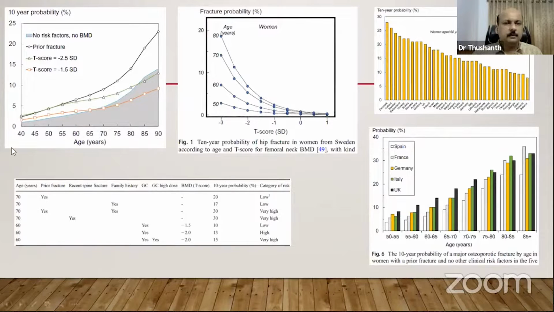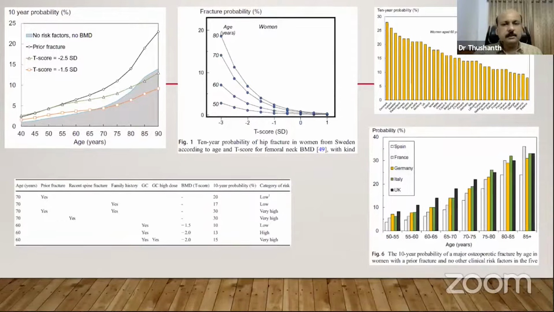So on the top, the first graph, you can see that they looked at the 10-year probability of fracture in patients of different ages and the T-score they have given. So minus 1.5, minus 2.5, and a patient with prior fracture history. You can see that naturally with age, minus 2.5 has a higher risk.